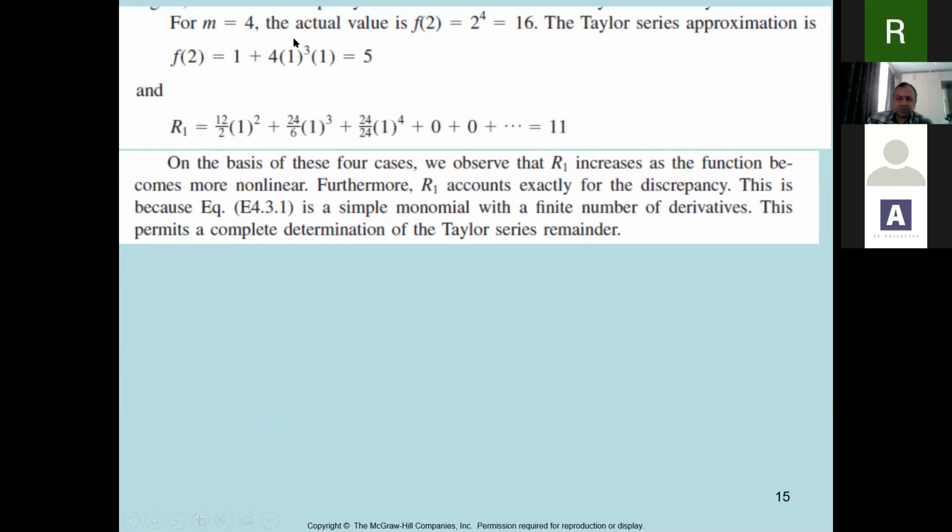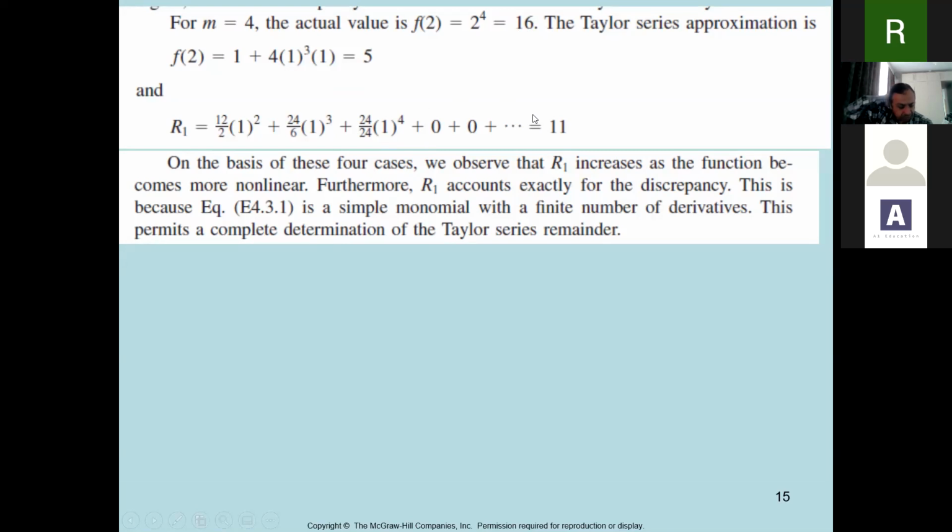And for m is equal to 4, the actual value is 16 and the calculated value is 5, which is very much different. But in this case, the calculated value of the remainder is 11.